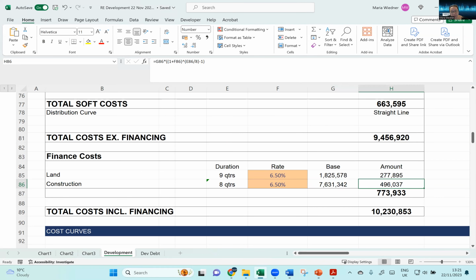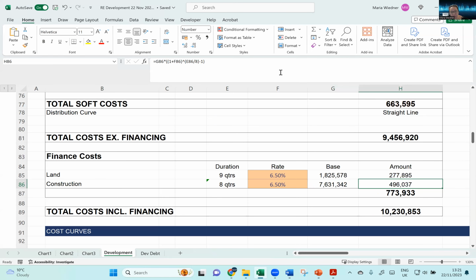And here, what they do in terms of finance cost is that even though the period of construction is 8 quarters, to calculate the finance cost you divide the interest cost by 2, because the idea is that you don't draw down the construction amount all at once as you do for land, but you draw down in tranches as you need the money. So the approximation is divided by 2.